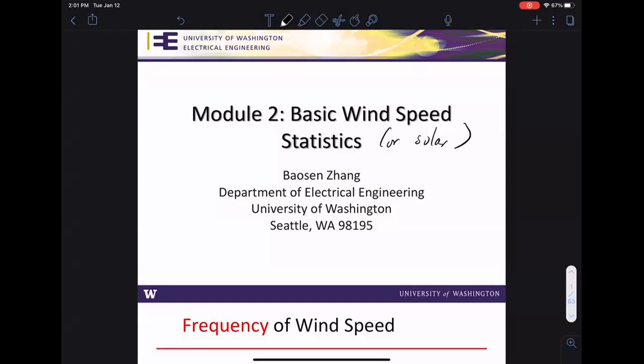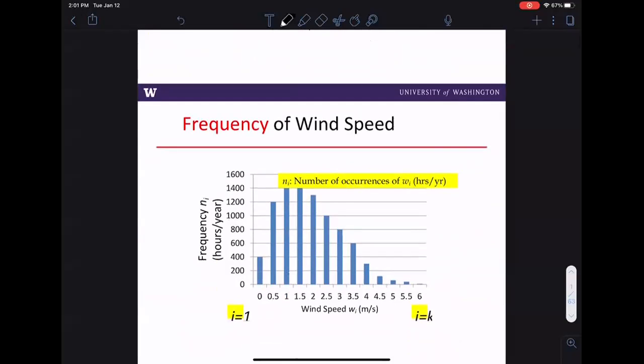Last part of the class we said, given the wind speed, we can relate it to the power we can generate. But the thing about wind is that the speed is never constant. Even if you're offshore, you will have variations in the speed.